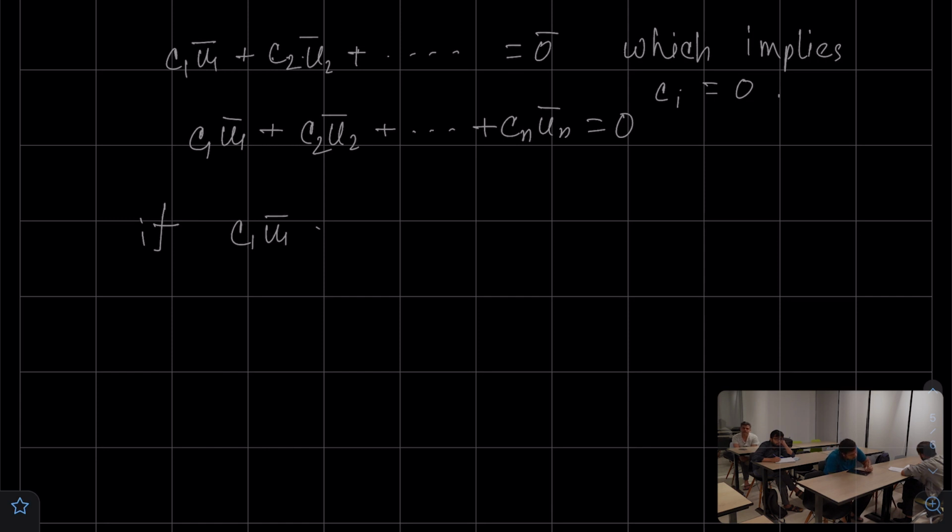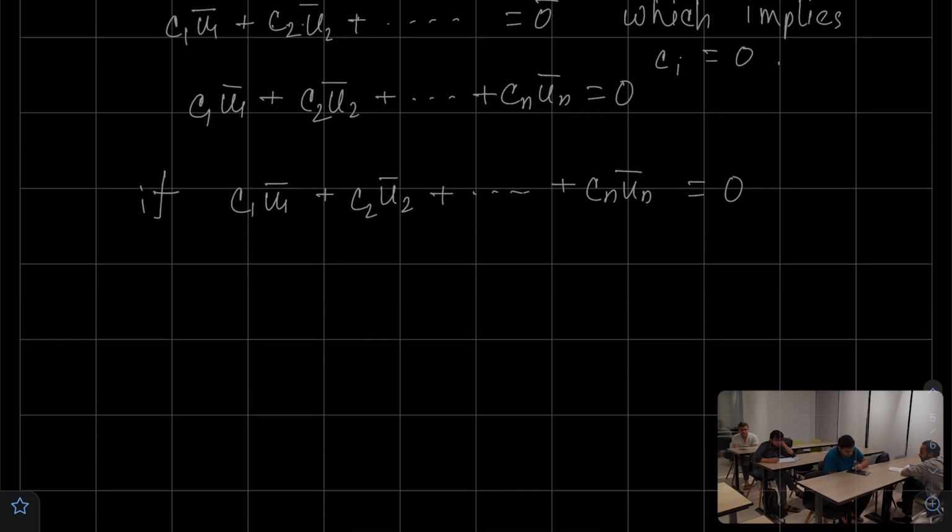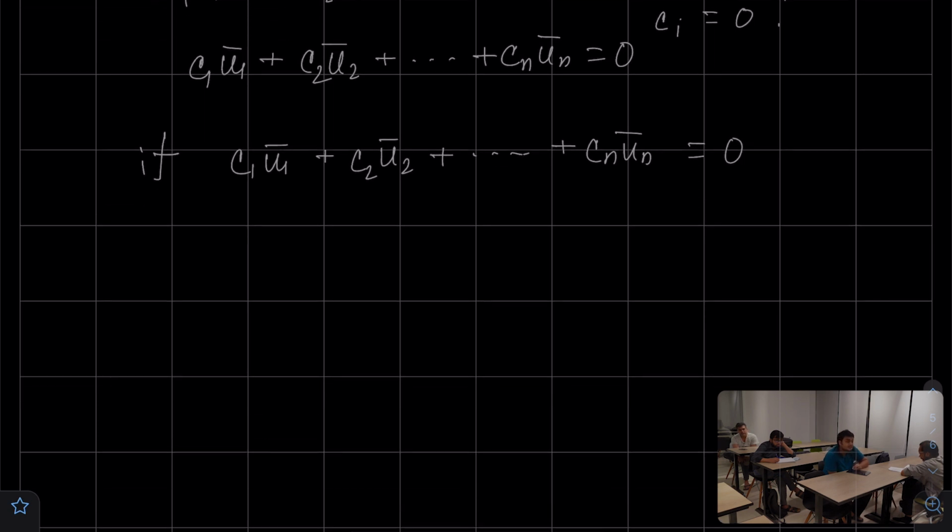So if c1 u1 vector plus c2 u2 vector plus ... cn un vector is equal to 0, then I can add infinitely many vectors multiplied by 0, right? Yeah.